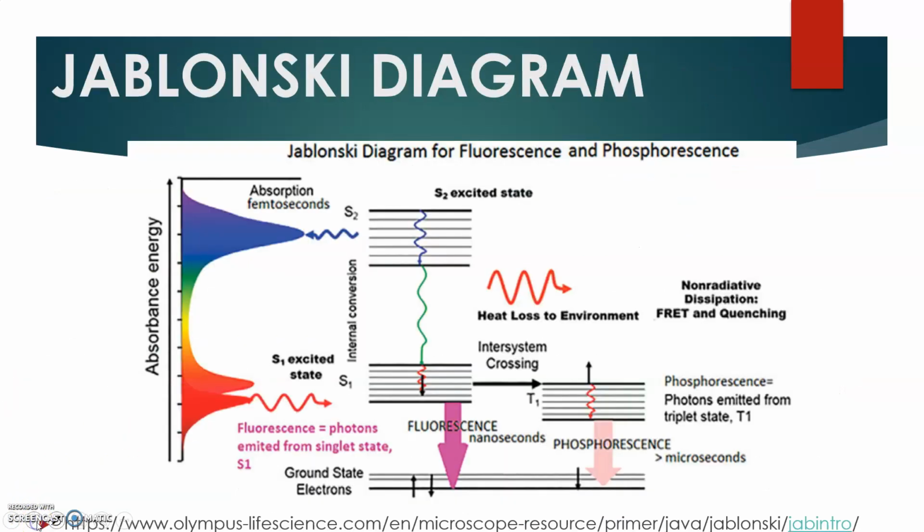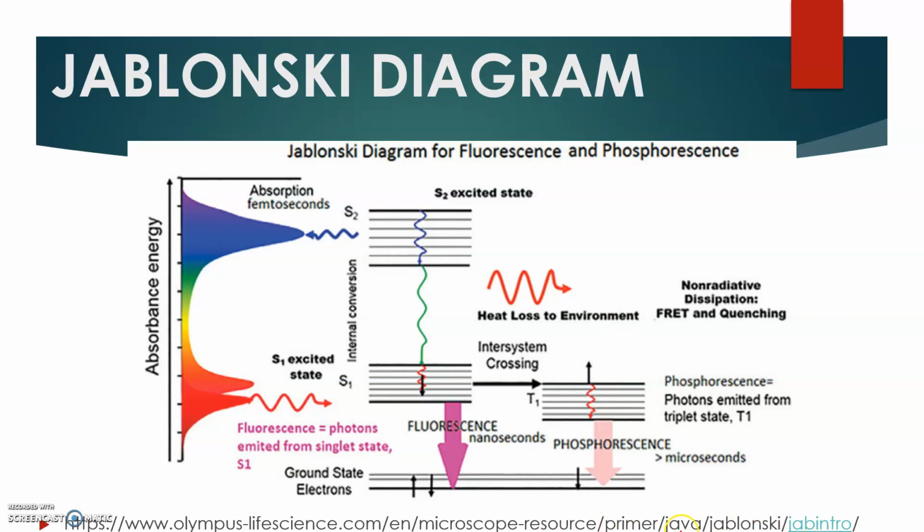So, if we look again at the Jablonski diagram, we see what constitutes fluorescence, what constitutes phosphorescence, and how there is heat loss to environment.